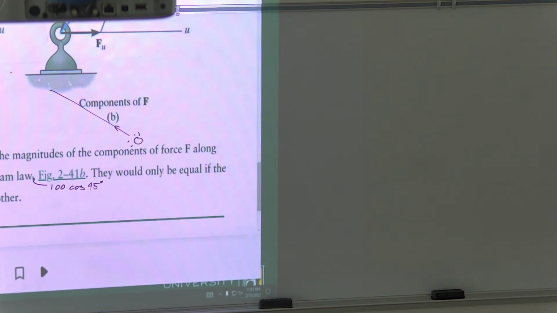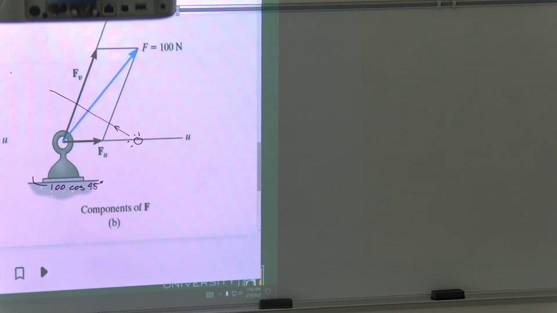Note, the projections are not equal to the magnitude of the components along the force acting found from the parallelogram law. They would only be equal if the u and v axes were perpendicular to each other.